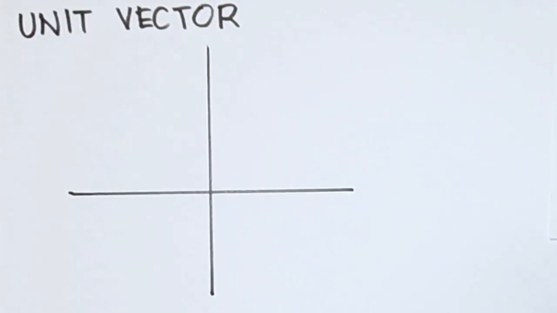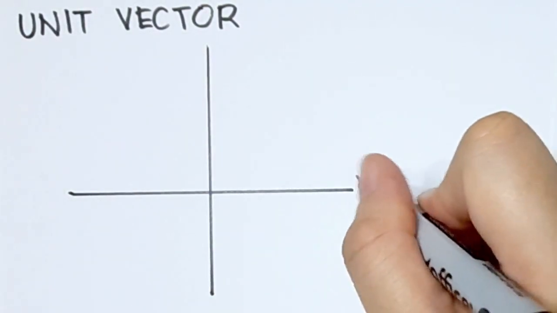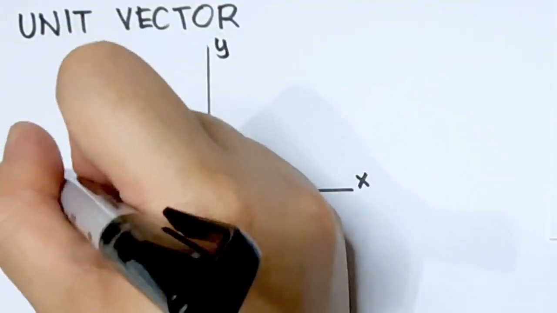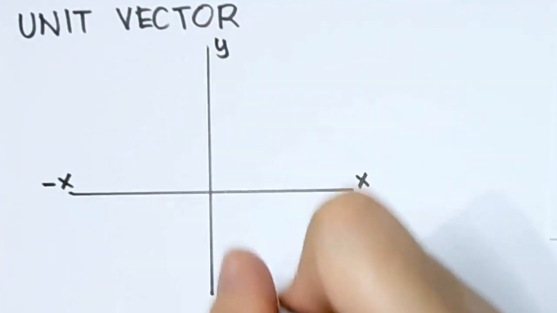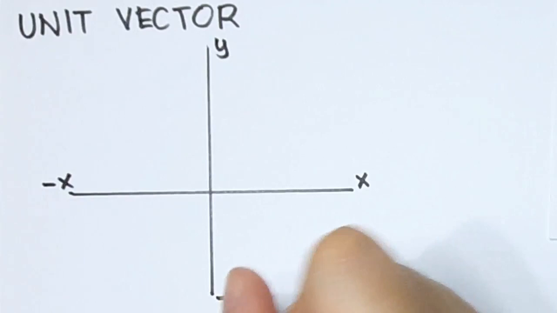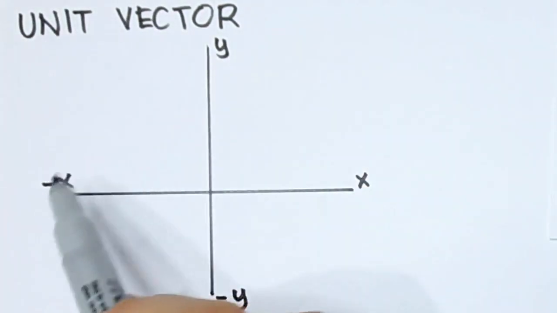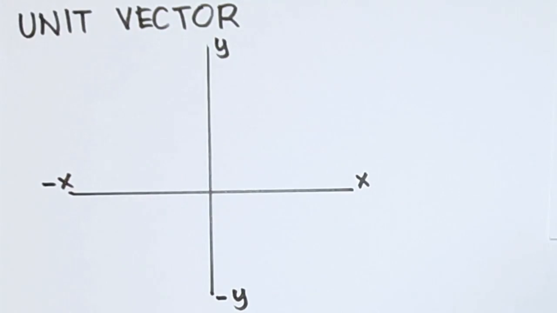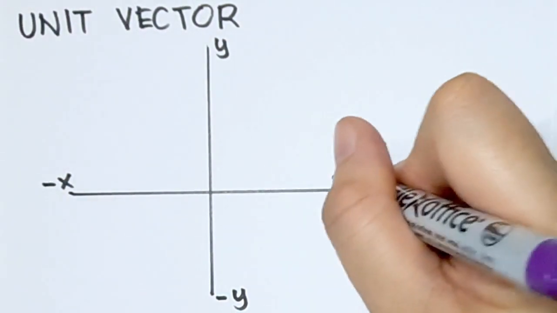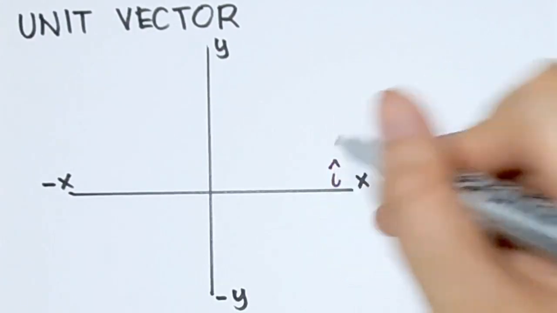We know in a Cartesian plane, this is x, this is y, this is negative x, and this is negative y. Instead of using x, negative x, y, negative y, or east, north, west, south, or polar coordinates, we will now use unit vectors. For x, our direction will be i hat.